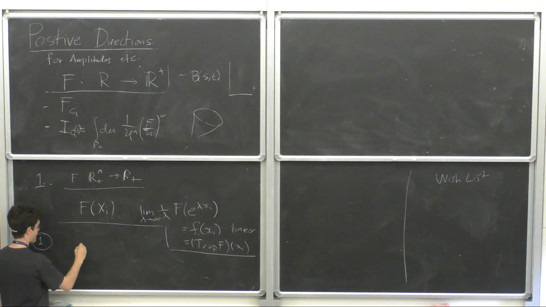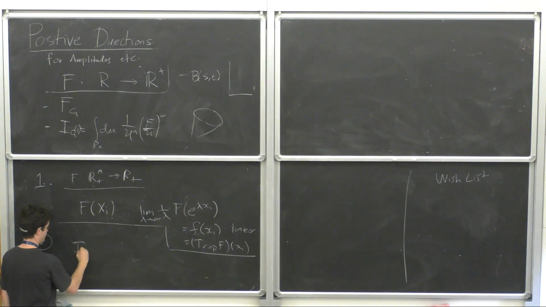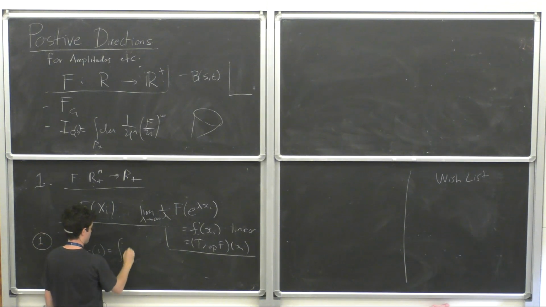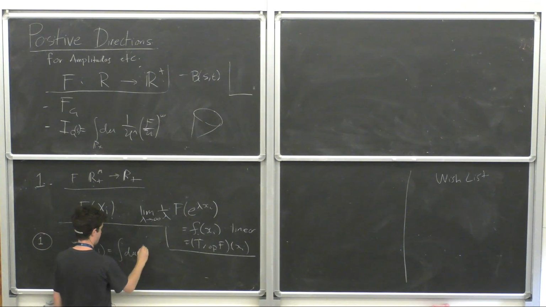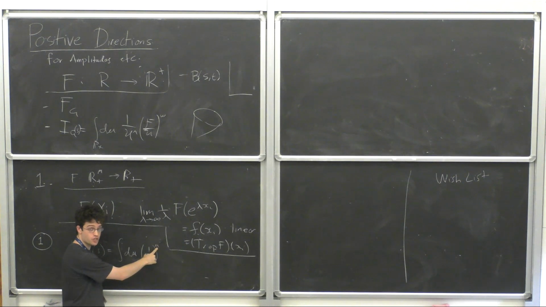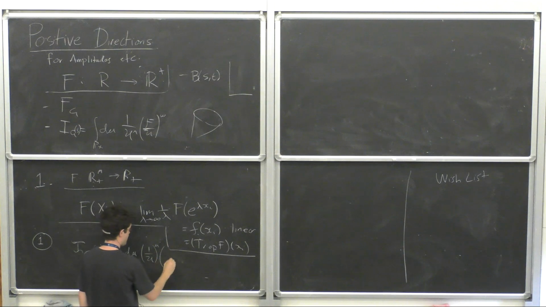So suppose we have our Feynman integral again. So it looks like this. 1 over u to the mu. Mu is usually d over 2. And then f over u to the omega.